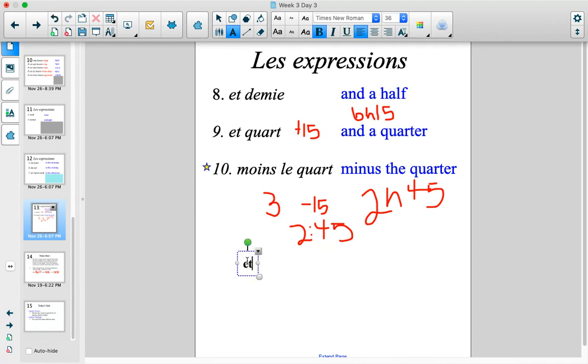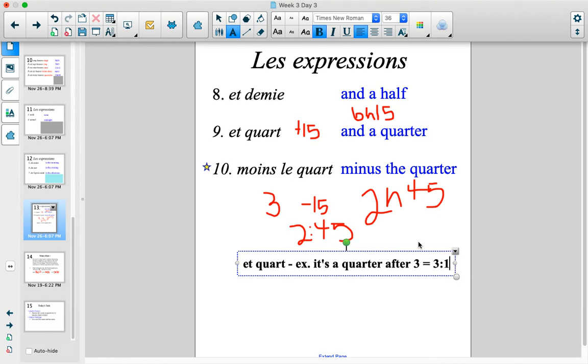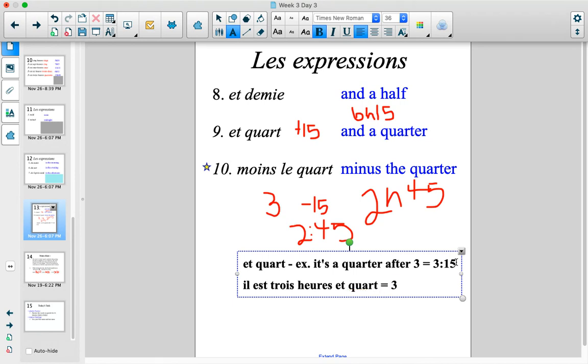Remember that et quart is like, for example, a quarter after 3, which will equal 3:15. So if you say il est 3 heures et quart, it equals 3:15.